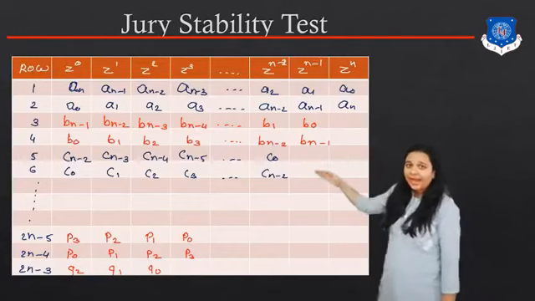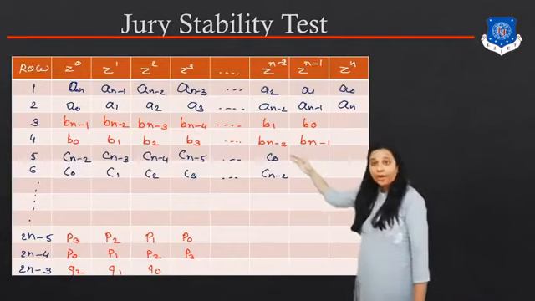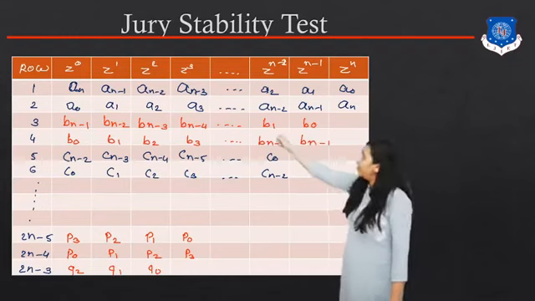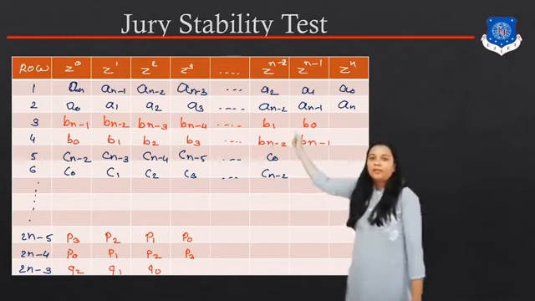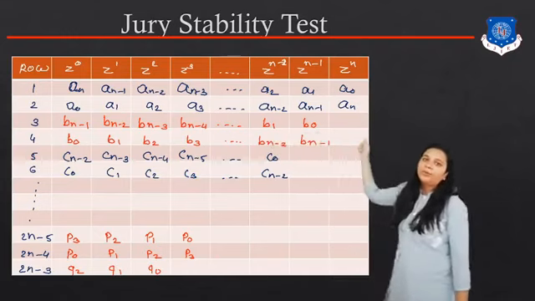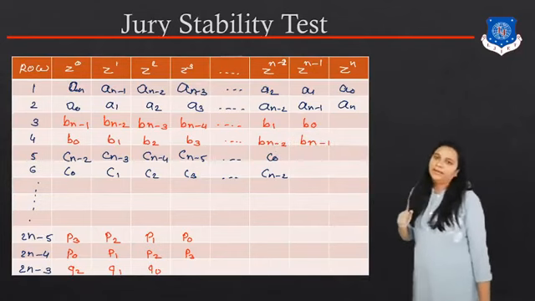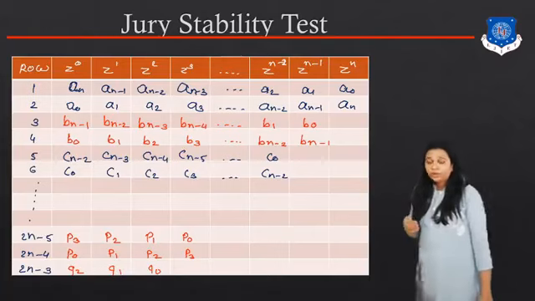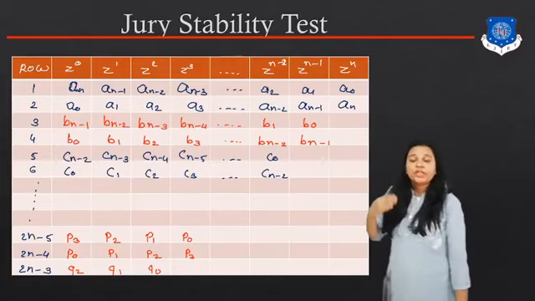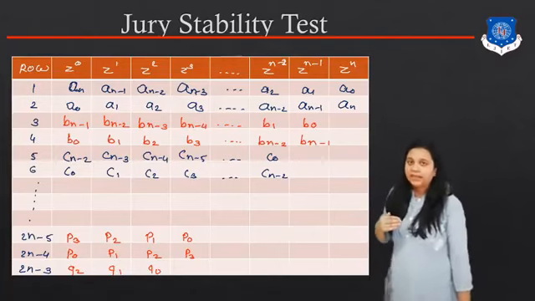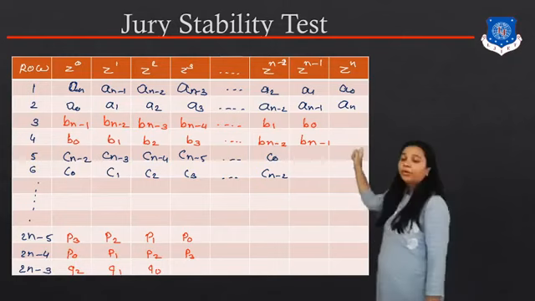So simply we write them in descending order of the power of z: starting from a0, a1, a2, a3, up to an minus 2, an minus 1 and an. Okay, now the third row we have to find using the first and second rows, and the answer will be put in row number 3.